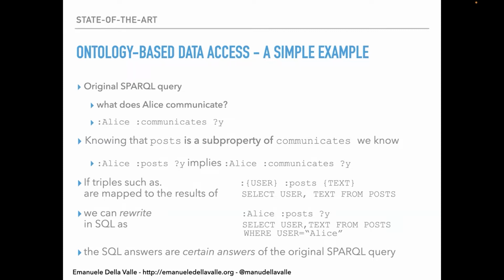And therefore, if you know that you can create triples of the type a user posts a given text through a query that gets down to a table posts that contains two columns, user and text, then what you can do is rewrite the triple pattern Alice posts Y into a SQL query like select user and text from posts where Alice is the user.